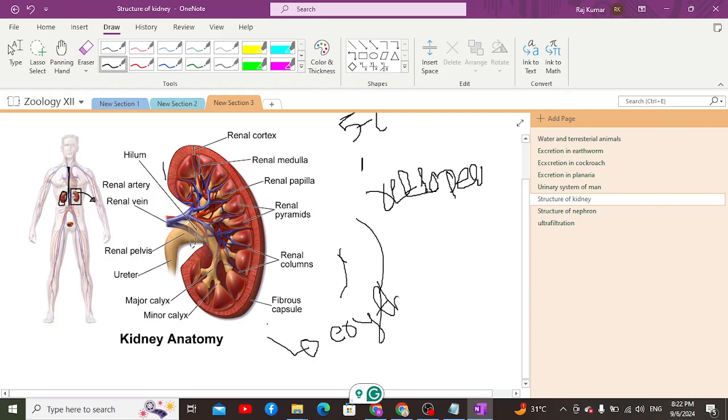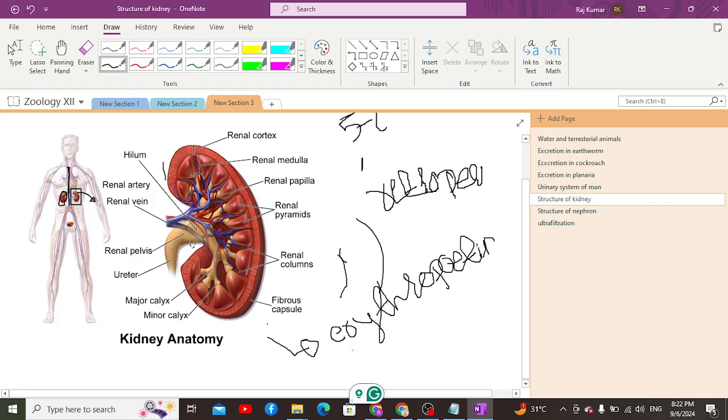It is a hormone which initiates the synthesis of RBCs, the conversion of RBC stem cells into red blood cells.